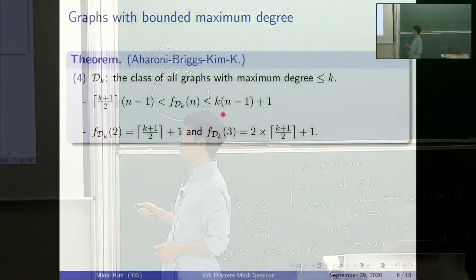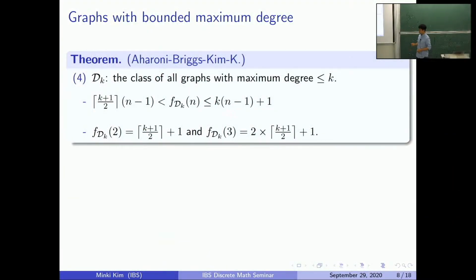And the upper bound comes from the results for k-colorable graphs, because if a graph has maximum degree at most k, then it's k-colorable unless it's a complete graph on k plus 1 vertices or an odd cycle. For those special cases, we can handle it, so we can prove this upper bound.